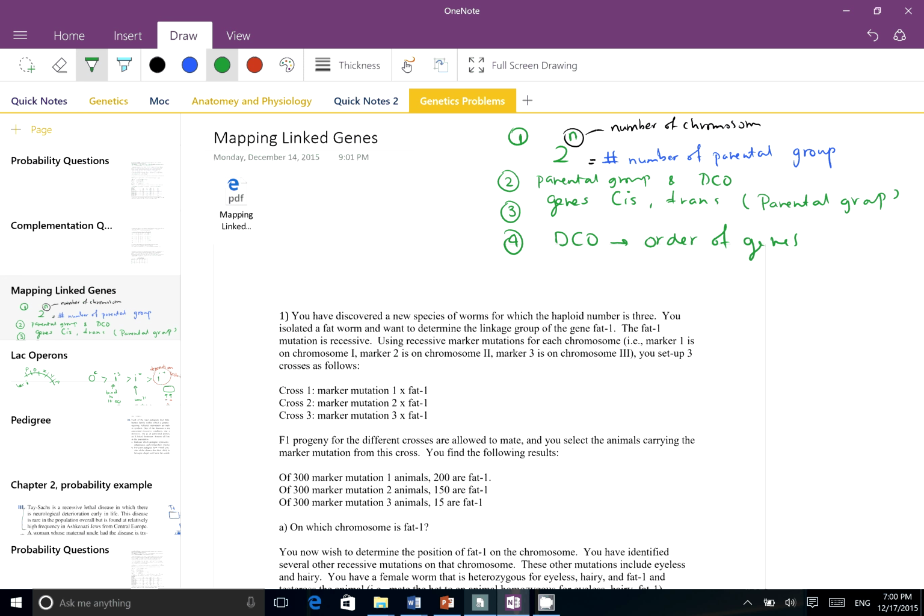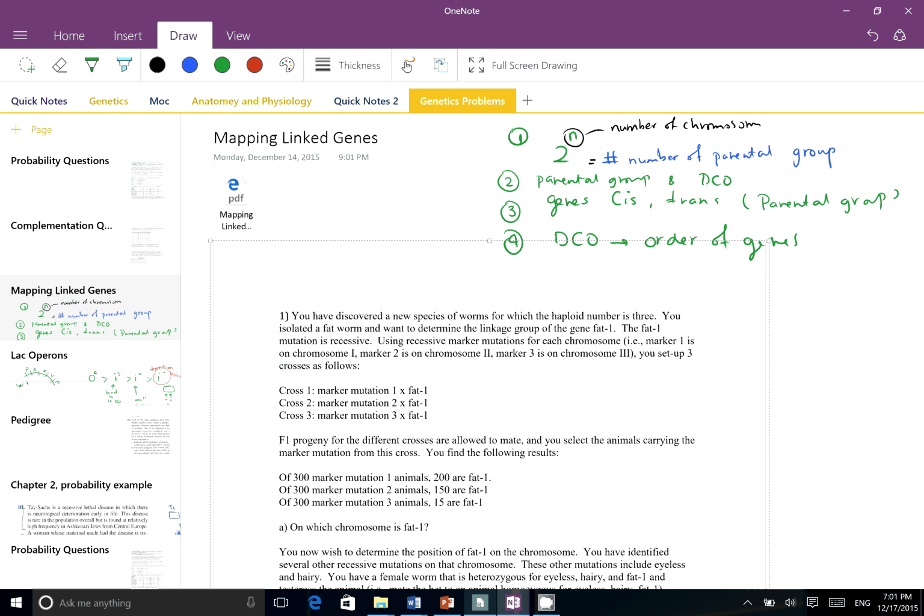So just cross those steps. If you follow those steps in the exam, you're going to finish really fast. When you practice, you're going to go through it really fast. So first thing is how many chromosomes am I dealing with. Second thing is, if you separate your parental groups and double crossovers, you can figure out which genes are in cis, which ones are in trans, and then figure out the order.